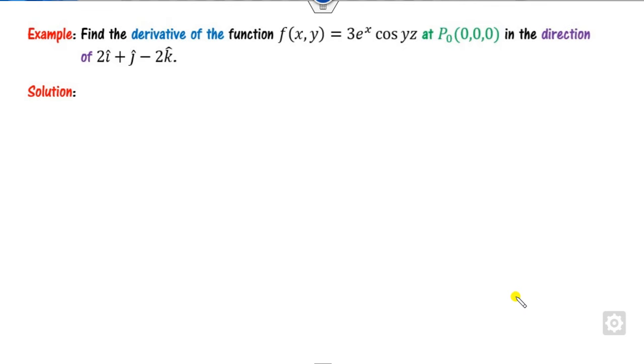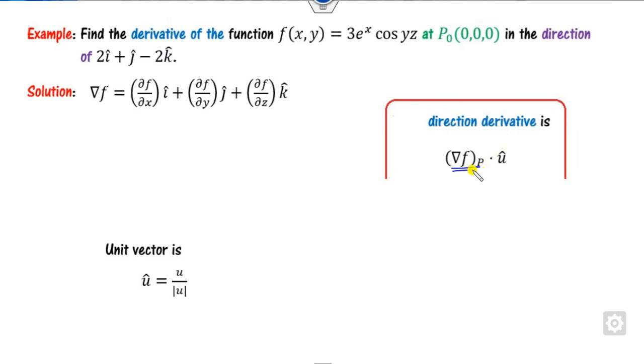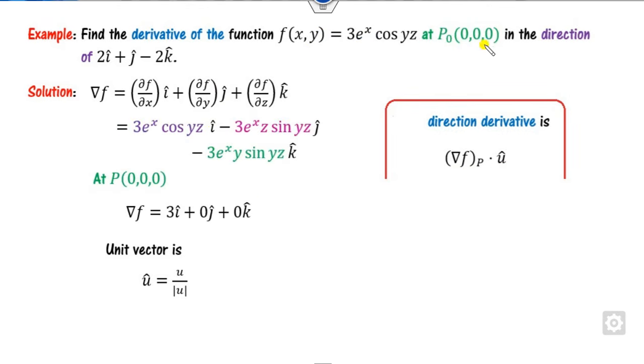Okay, look at another type. Part C: find the derivative of the function in the direction of this. Your target is to find this case. It's x, y, z, so there is a z also, because it is three dimensional. Can you find the partial derivative with respect to x? It is yz and so on, at the point (0, 0, 0).